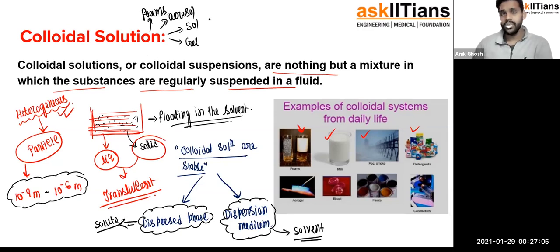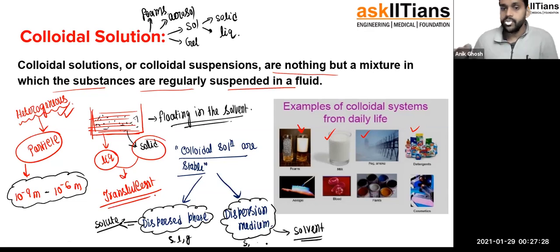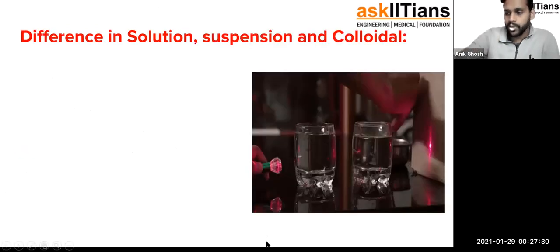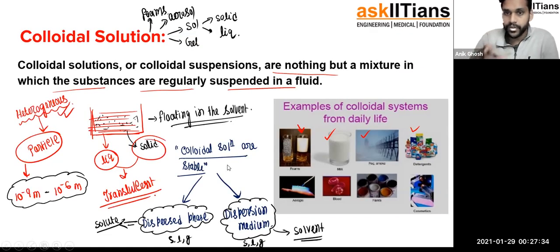Sols are of two types, solid sols and liquid sols. The dispersed phase can be solid, liquid, or gas, and the dispersion medium can also be solid, liquid, or gas. Depending on the combination, we can differentiate different types of colloidal solution.